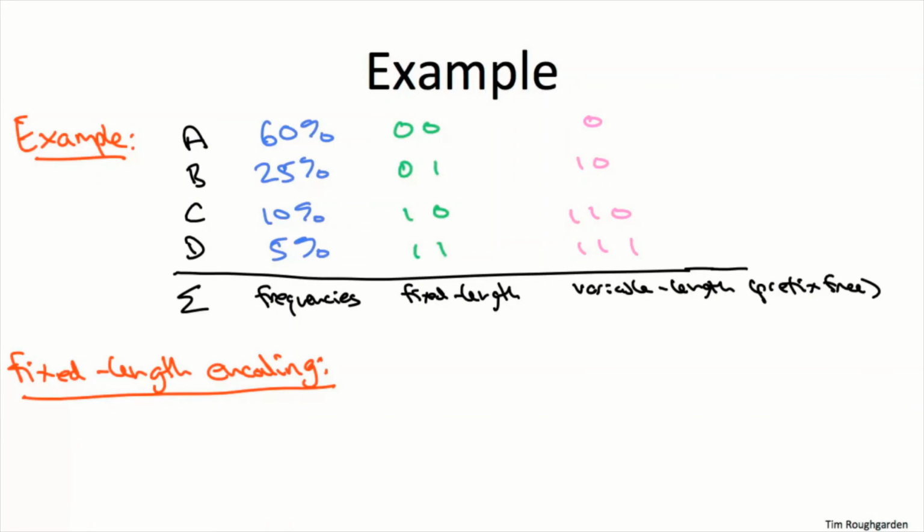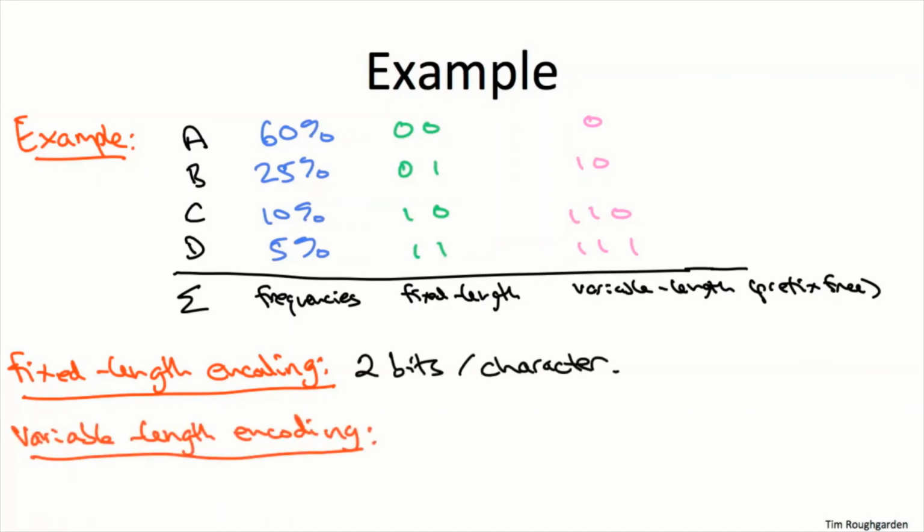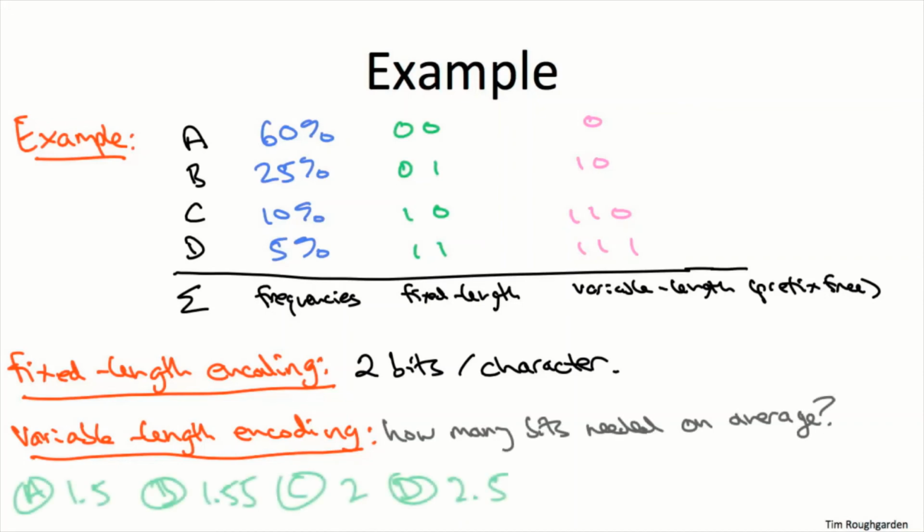We don't even need the average, just whatever the symbol is, it uses exactly 2 bits. So what about the variable length encoding that's shown on the right in pink? How many bits on average for an average character, given these frequencies of the different symbols, are needed to encode a character of the alphabet sigma per character?